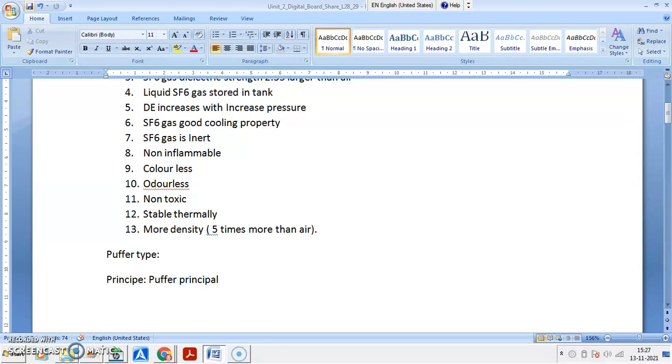Buffering action. Working principle is buffering action. Buffer means a short and quick blast of air or gas.